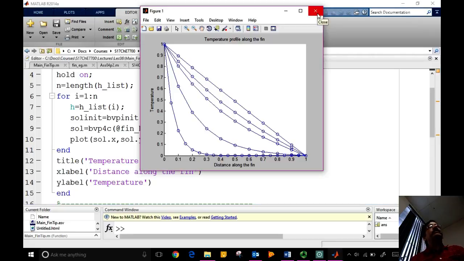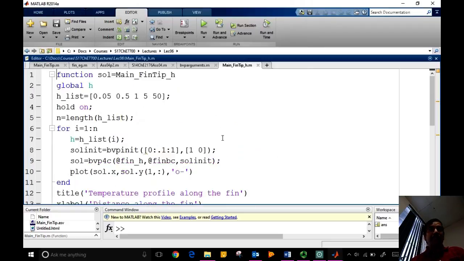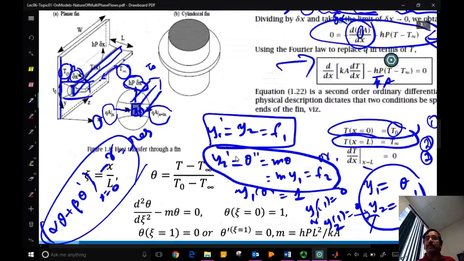If there are no questions, yeah. Explain what's happening here. Different H, what does that really mean physically? You need to go and understand this equation. Faster heat transfer.